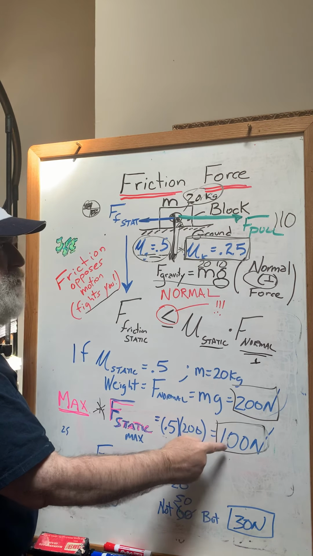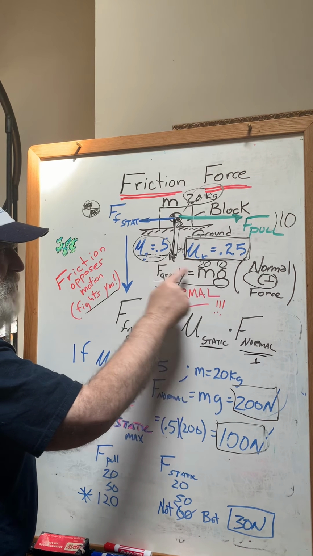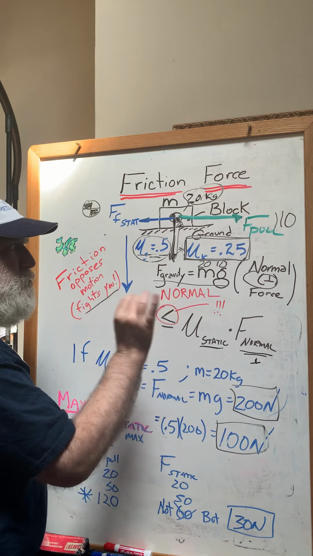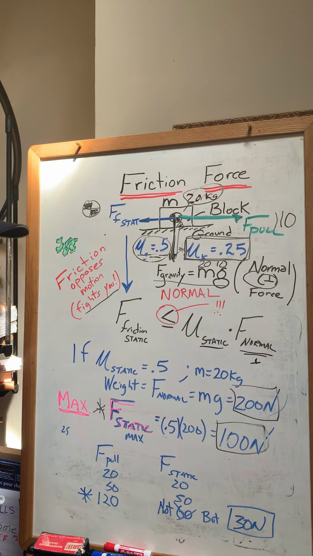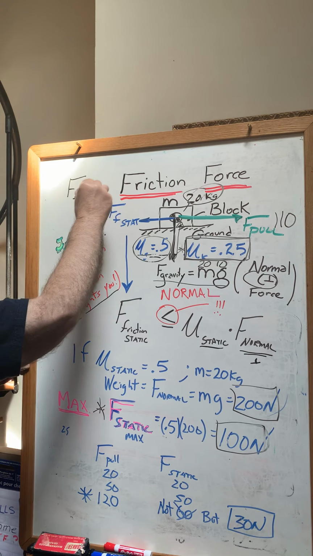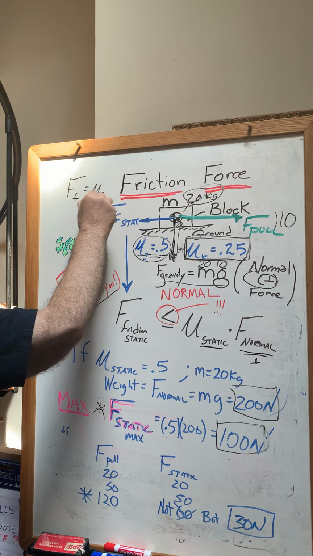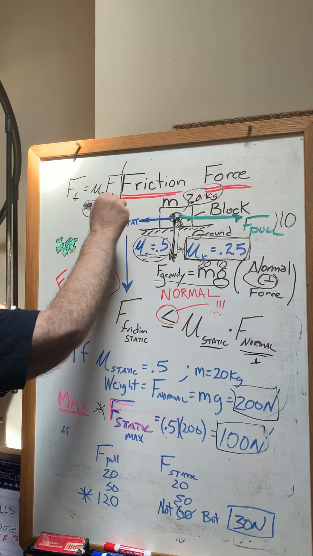But you break that 100 newton mark, that half of mg, that half of 200 for 100 newtons. If you pull with more than 100 newtons, you have to go back and recalculate the friction with the kinetic coefficient of friction. The force of friction is mu, static or kinetic, either one, times the force that is perpendicular to motion.